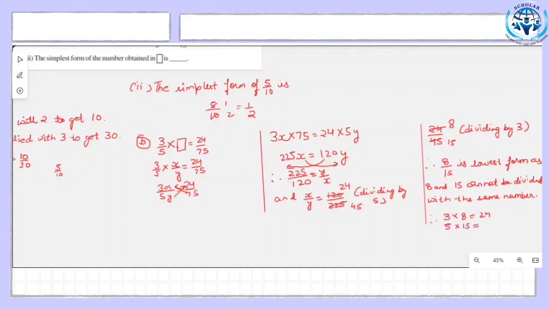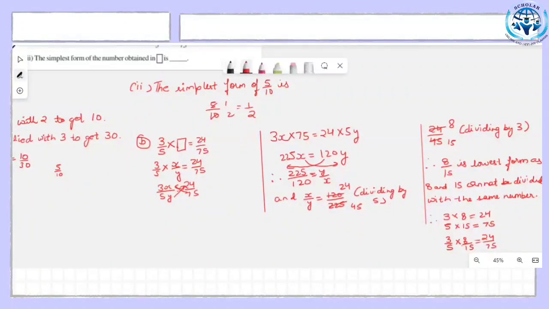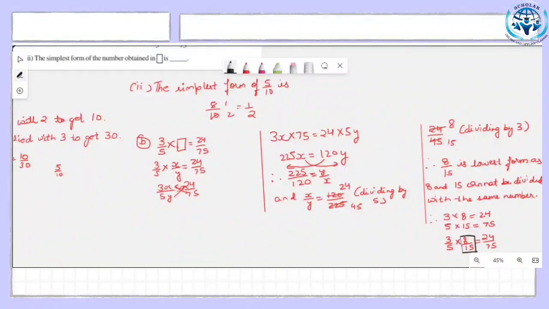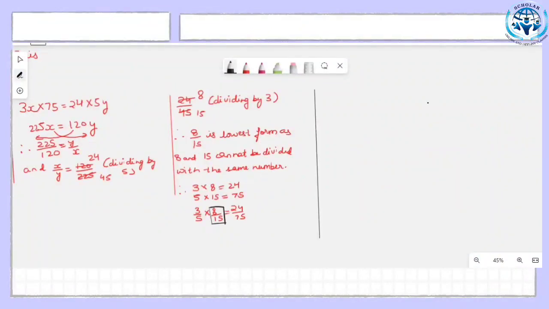You can solve it easily. You can apply this method also. Answer is 8 by 15.